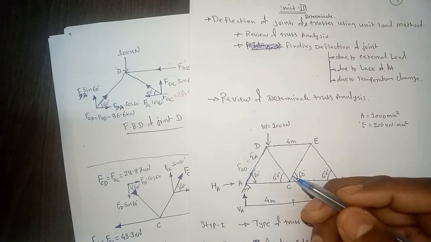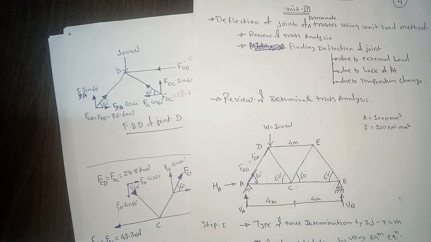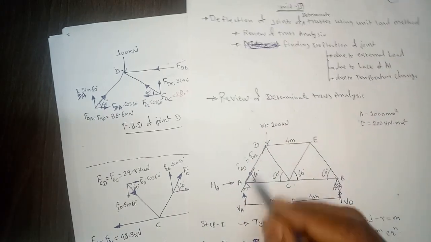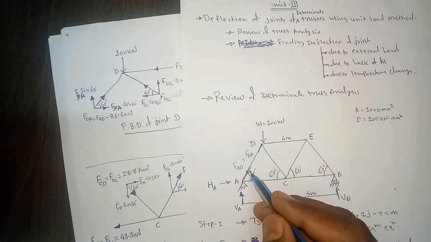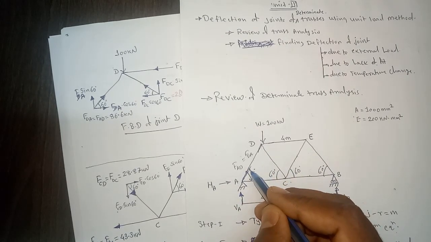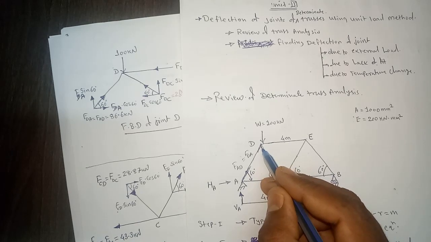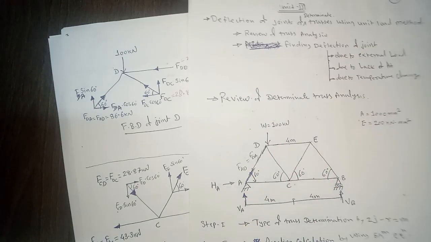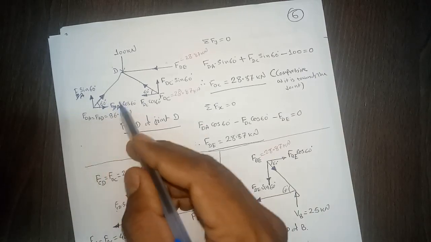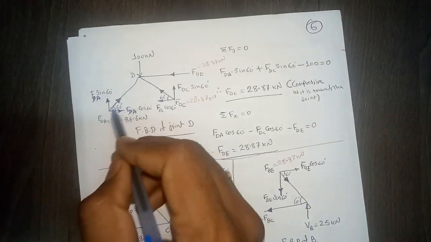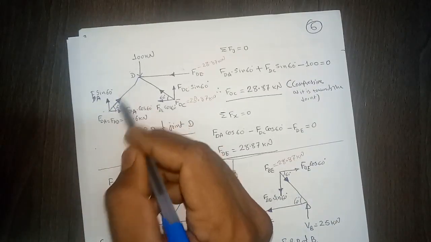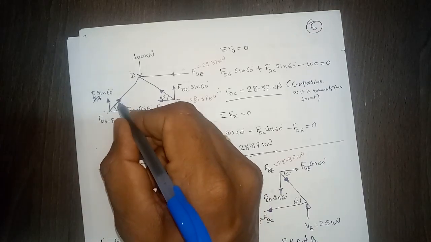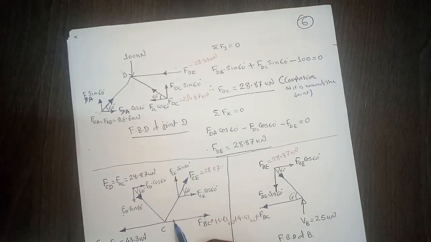And these two should be equal because they are in one member, and it is the internal force that is acting that we are representing. Exactly what it represents is the force that is acting on the joint by this member, and since this member is under tension, it will apply the same force, right? Here we already calculated that the force in the AD member is compressive. That's how this force should be towards the joint.